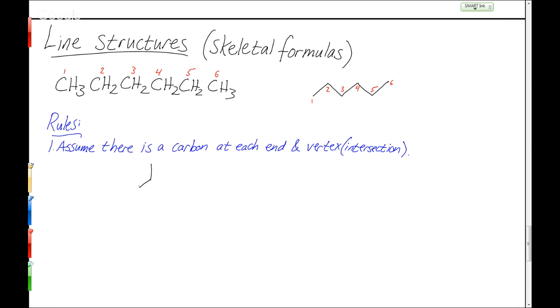So if I have some kind of a shape like that, how many carbons are represented there? 4. Does everybody see 4? Anybody not see one? Let's circle them. 1, 2, 3, 4. 4 carbons represented in that shape. What about this?